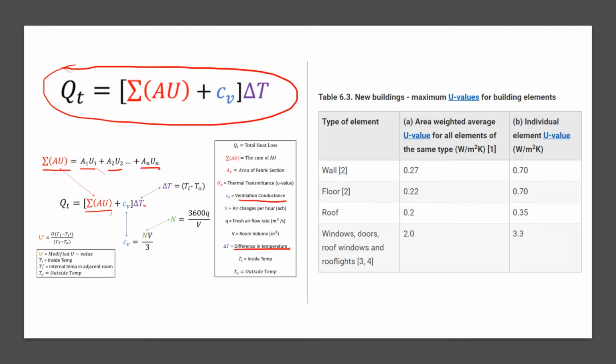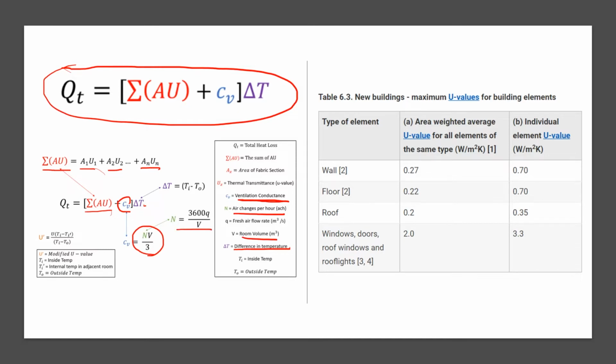So fabrics mean surfaces, so you could have basically any amount of surfaces in a room and this calculation will still work for it. Okay, secondly onto the CV. So the CV is our ventilation conductance, as I said before, and we're going to calculate that by doing NV divided by 3, where N is the air changes per hour and V is the volume of the room.